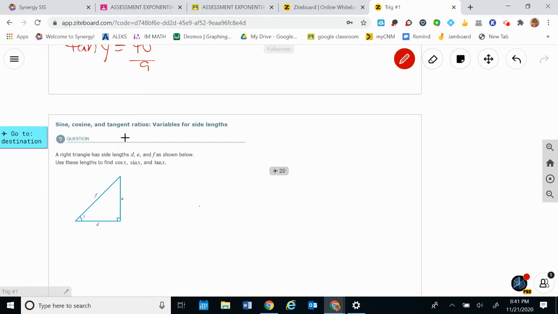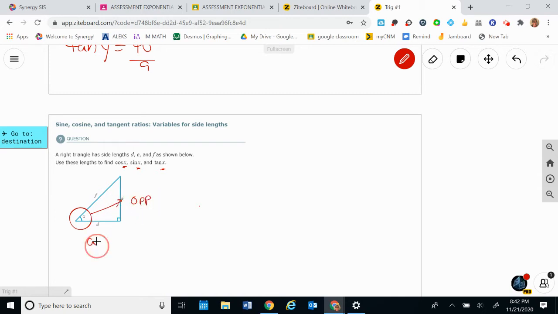So a right triangle has side lengths D, E, F. Use these lengths to find cosine, sine, and tangent. Now they take away the numbers, as if that makes it any harder. It's basically the exact same thing, but it is telling you where to stand. Telling you to stand here at X. First step, identify your sides.